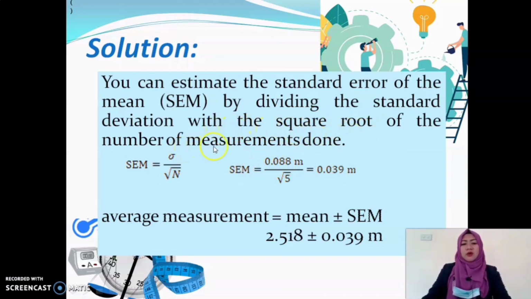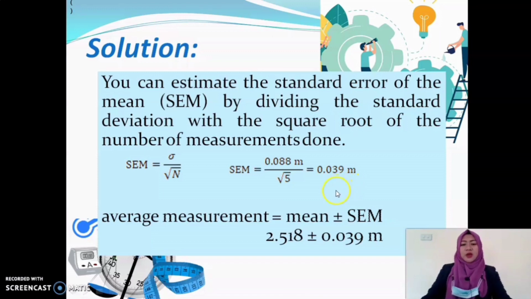You can also estimate the standard error of the mean by dividing the standard deviation by the square root of the number of measurements done. For example, we have the value of our standard deviation that is equal to 0.088 meters. You divide that by the square root of the number of population, which is 5. Therefore, we have 0.039 meters.